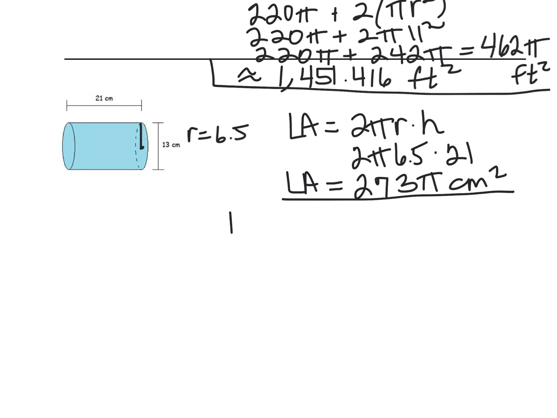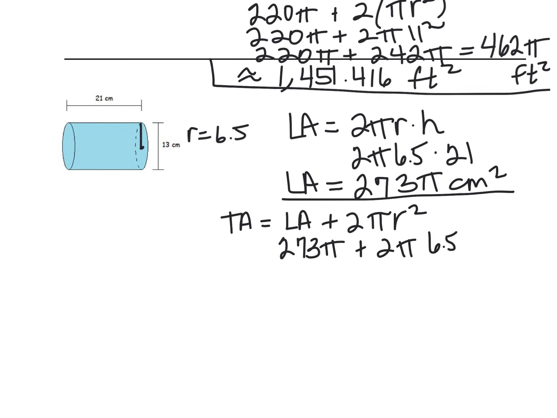Okay, our total area is going to be the lateral area plus 2 times the area of the bases. Okay, so we have 273 pi plus 2 times pi and 6.5 squared. So that's 273 pi plus 2 times 42.25 pi.